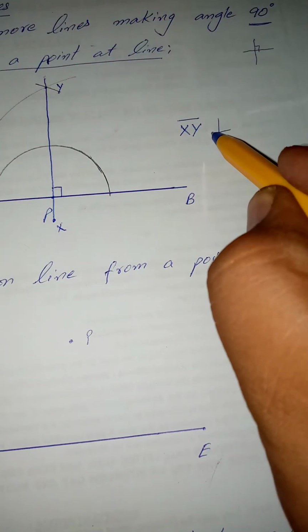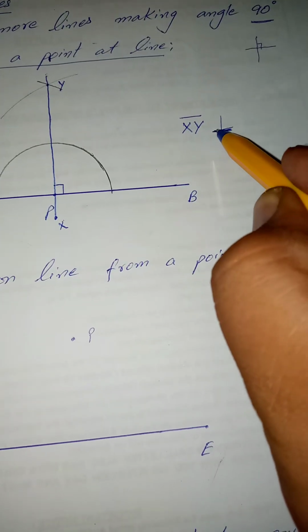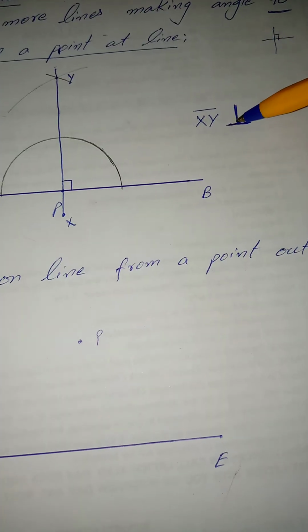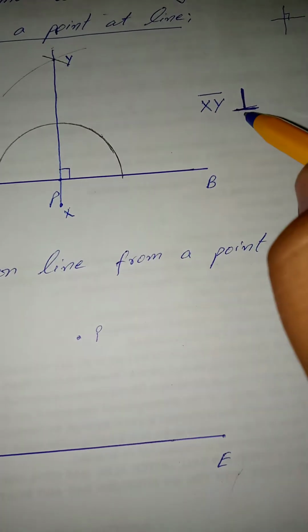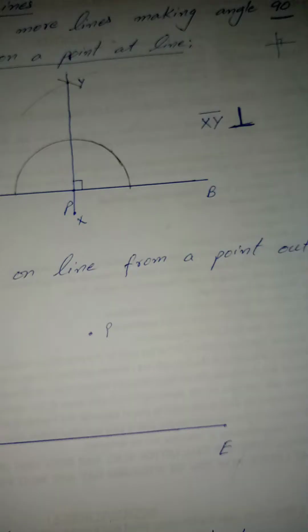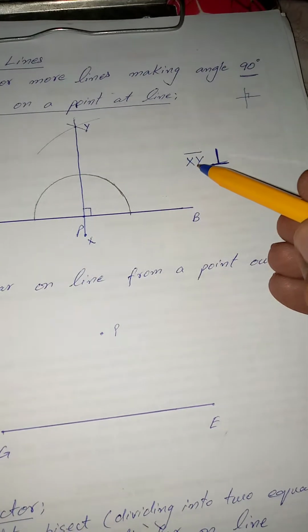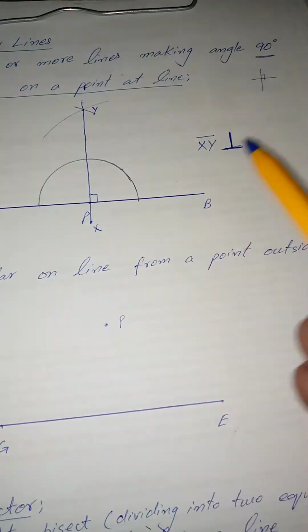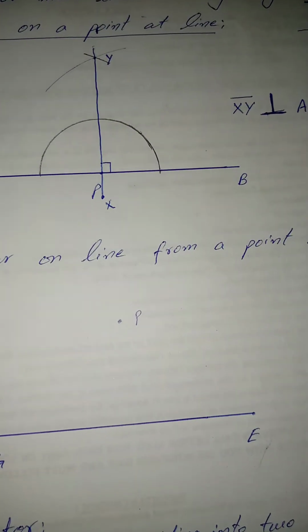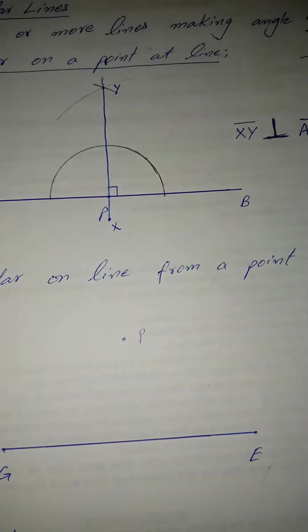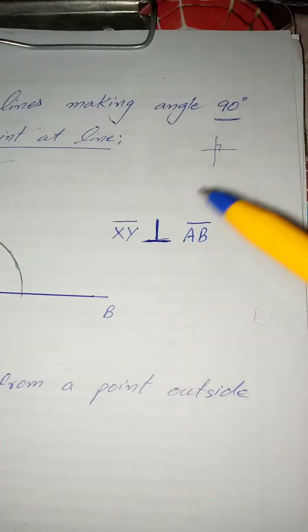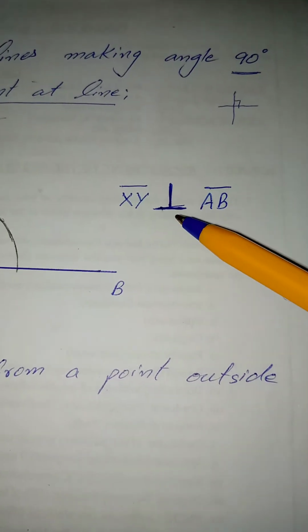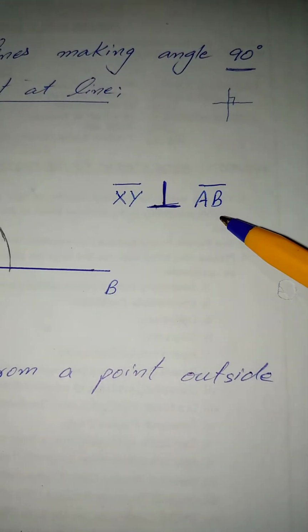This could be just a straight horizontal line and a perpendicular line. This is the symbol for perpendicular. If we say that line segment XY is perpendicular to line segment AB, so it's written here that XY is perpendicular to AB.